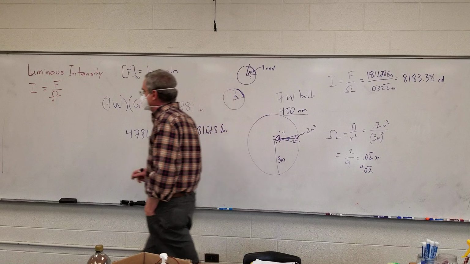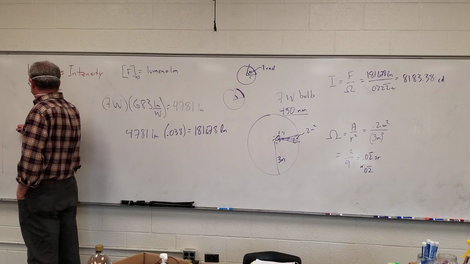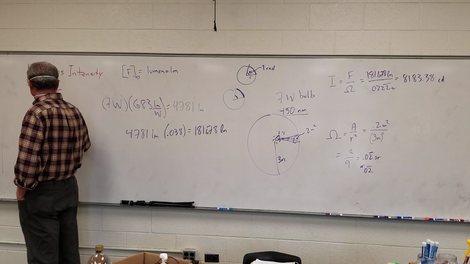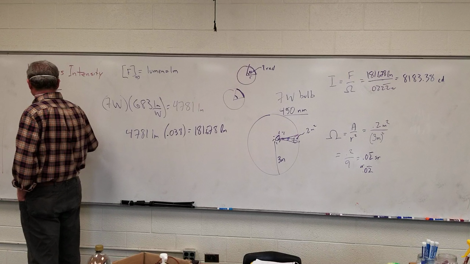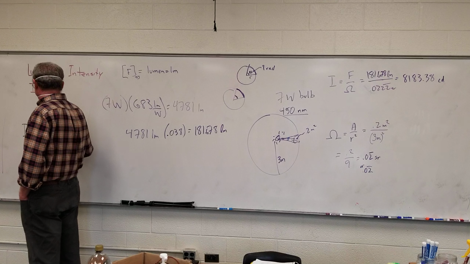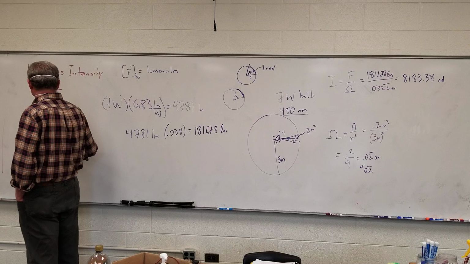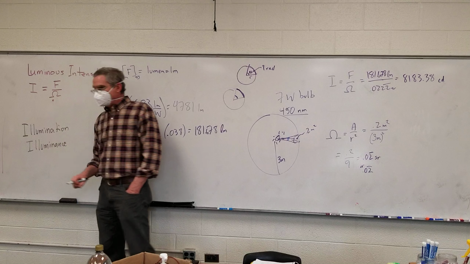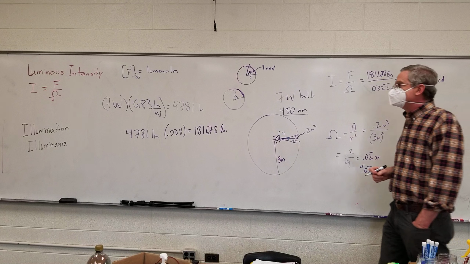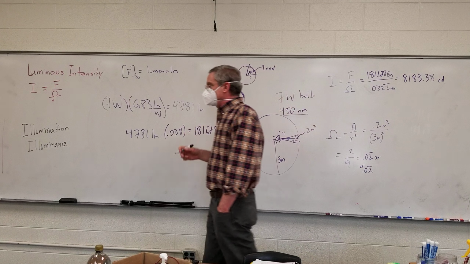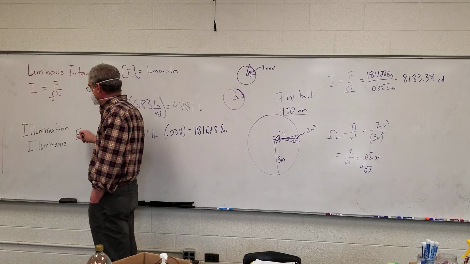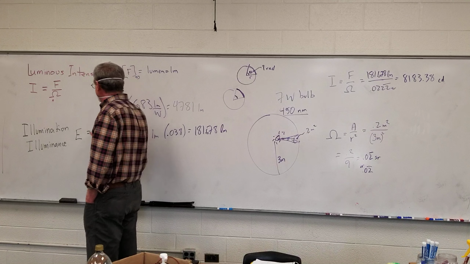But if I looked at the illumination, or illuminance, in the lab that you're going to do tomorrow, I call it illuminance. The book calls it illumination. And the symbol, of course, is the letter E, because we don't use that enough.